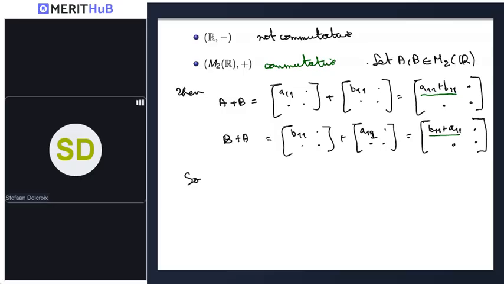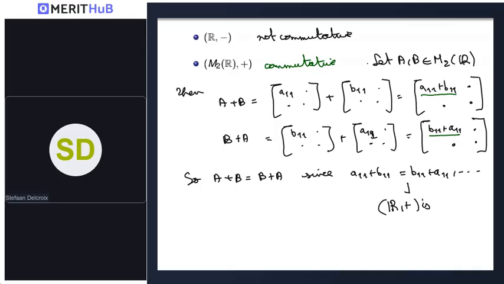So A plus B is B plus A, since A11 plus B11 is B11 plus A11, and the other three entries too. And this is because the real numbers under addition is commutative. Again, that's standard one. The property that you're trying to prove is the one that you need from the real numbers. Right? So addition, and addition should always be commutative.